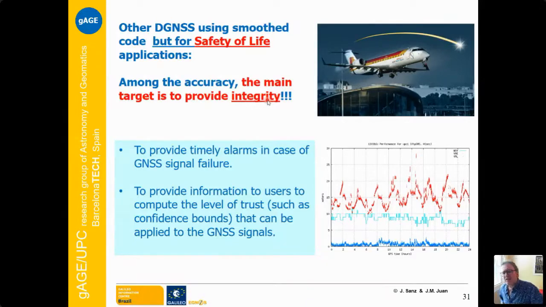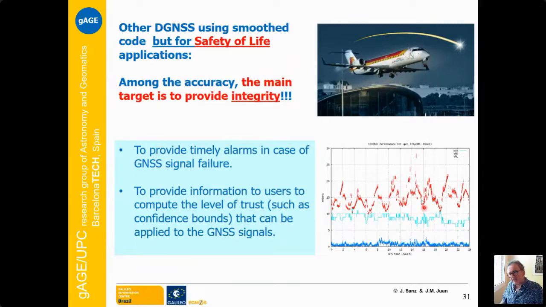What does integrity mean? Integrity means that the system has to inform the user in case of having any anomaly in the signal. The system has to protect the user.